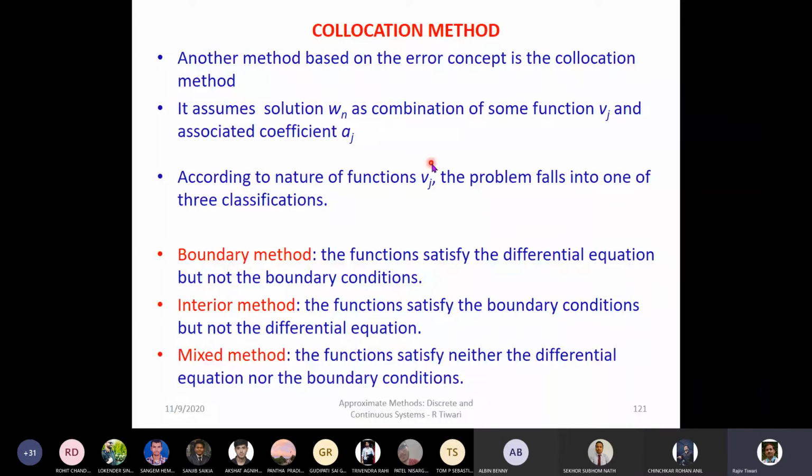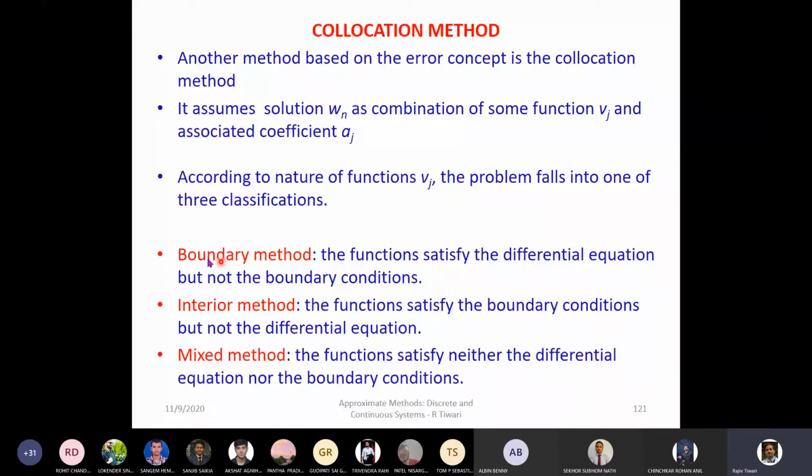And depending upon the nature of the V, the function which we are choosing, the problem can be of three types. Boundary method: whatever function we are choosing satisfies only the differential equation, but not the boundary conditions of the problem. So a function need not satisfy the boundary condition, only the differential equation.